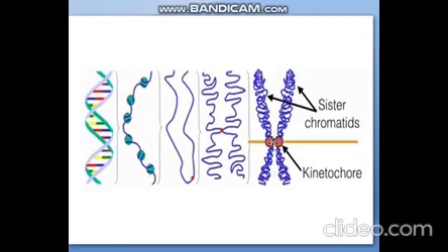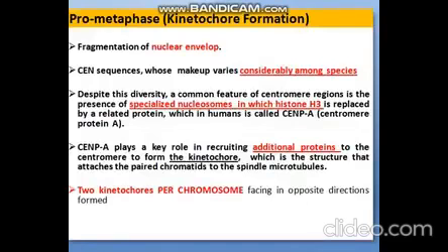This kinetochore is very important because it is present at the central point, so a pull will be exerted on the kinetochore, and one part will go towards this side and the other part towards this side. That's why the kinetochore is a kind of balancing position for the chromosomes, and some additional proteins are needed at the centromere. So that's the structure that attaches the sister chromatids to the spindle microtubules.